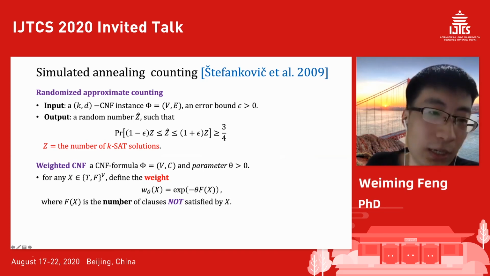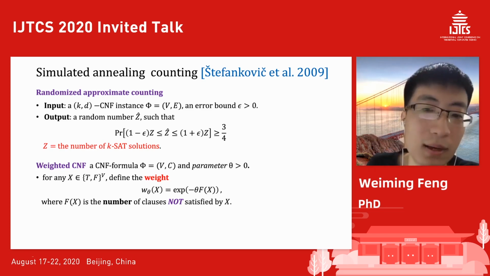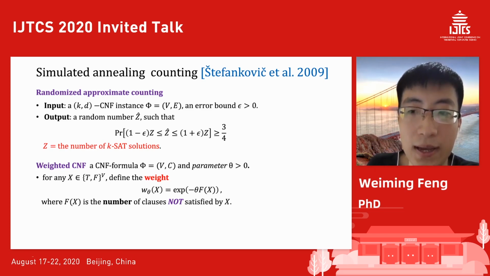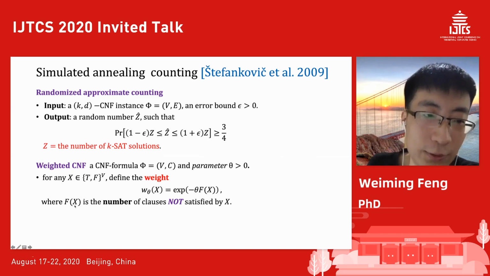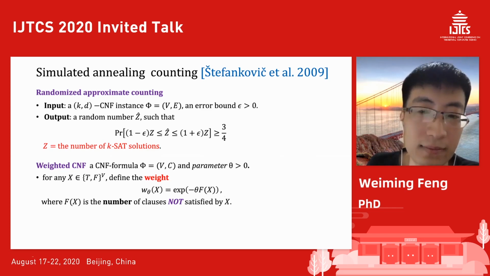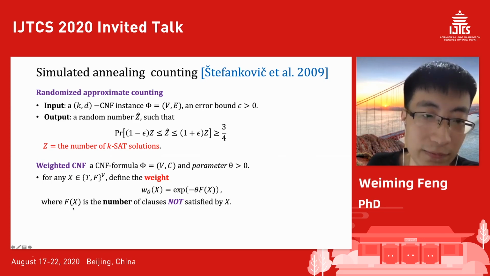Here f(x) denotes the number of clauses that are not satisfied by x. So if x is a satisfying assignment, f(x) equals 0, the weight of x is 1, and if x is not a satisfying assignment, f(x) is positive, but x still has a positive weight.